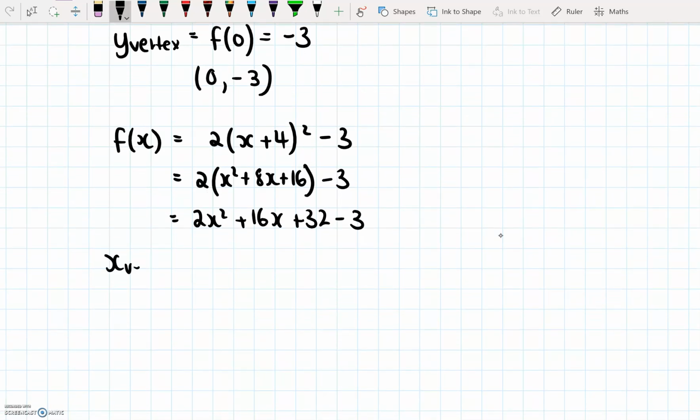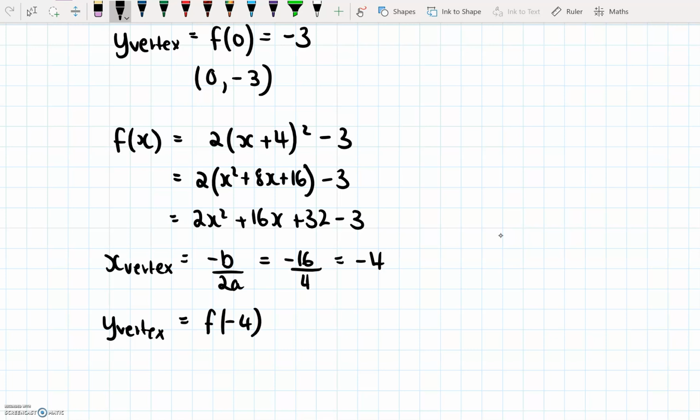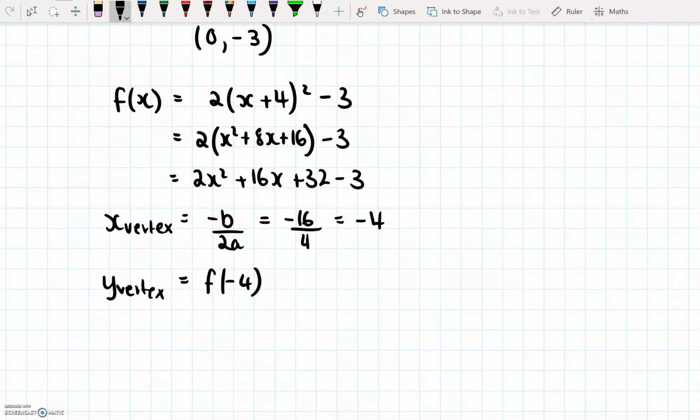Our x vertex is negative b over 2a. b is 16, so negative 16 divided by 2 times 2 is 4, which is negative 4. Alright, our y vertex, and again in this case, we substitute the minus 4 into our formula. Now typically it's actually easier to substitute this in a little bit earlier.